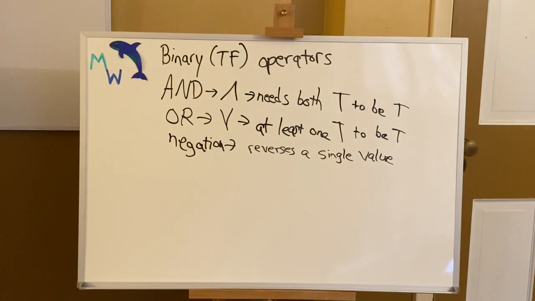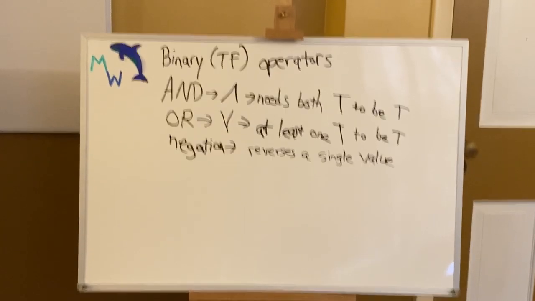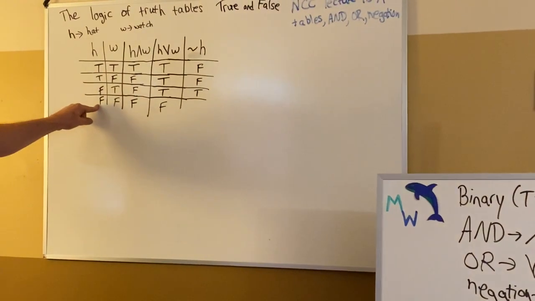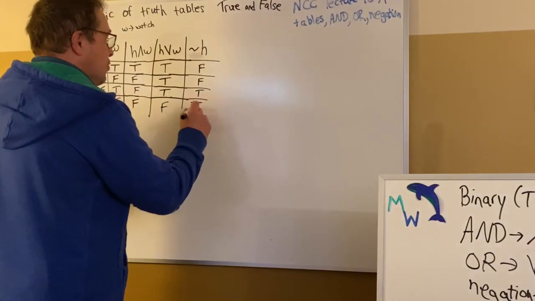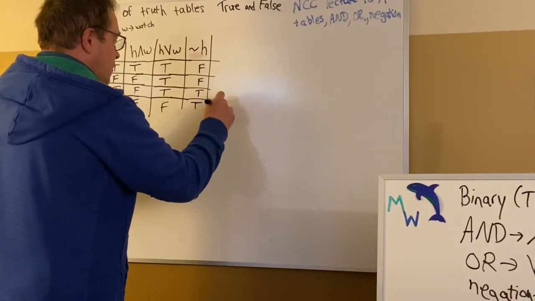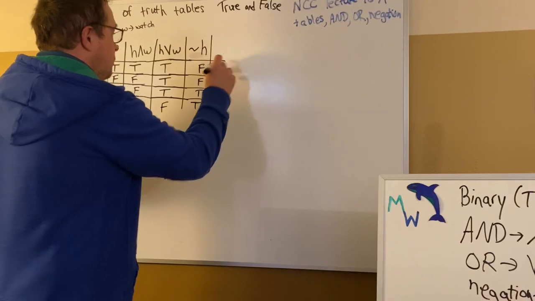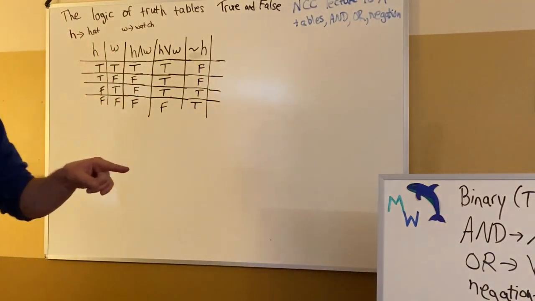So I'm going to do the negation of H, which means look at what H has and reverse it. Reverse true to false. Second one, reverse true to false. Third one, reverse false to true, and take your guess at what the next one does. Where I'm still reversing H, its value on this line begins as an F, and it reverses to true. But you can only take negation of a single value.